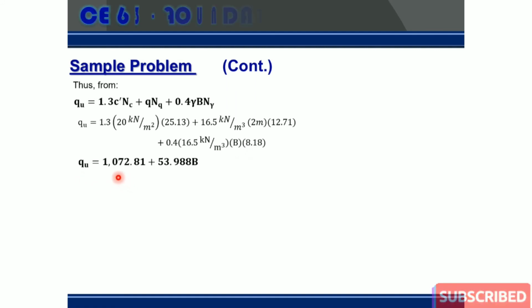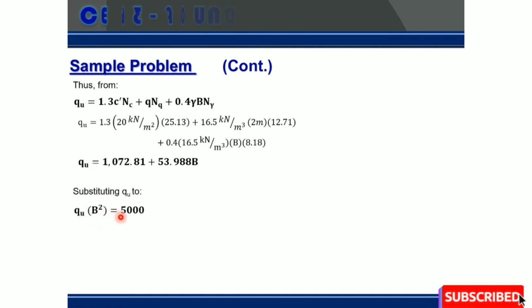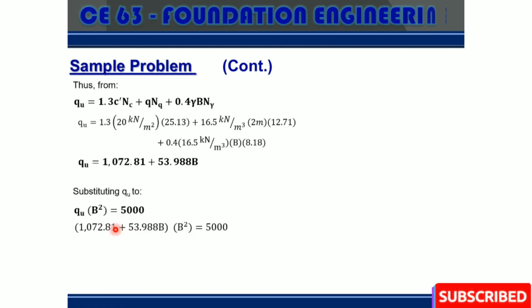So we can actually get the value of your small qu in terms of B. We have now this 1072.81 plus 53.988 B, and substituting this qu into this qu times B squared equals 5,000, we have this substitution here.